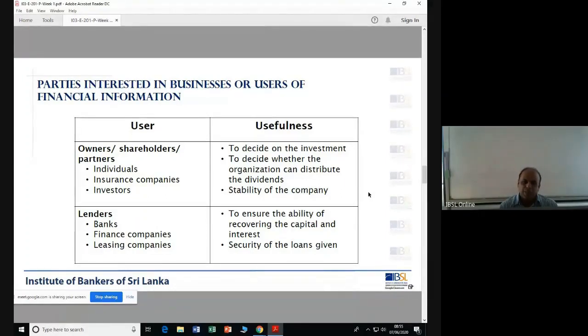Shareholder means people who have invested in the company's shares or the business shares. So the primary objective of a business is to provide financial information required by the shareholders or the owners.